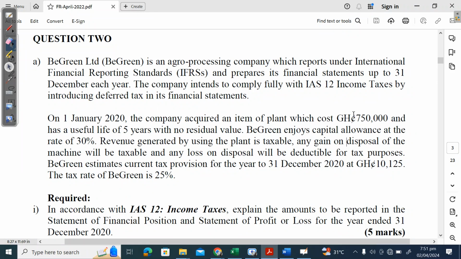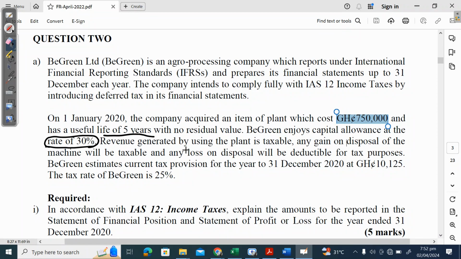They have an asset, and the cost of the asset is 750,000. The asset has a useful life of 5 years, and in terms of capital allowance for tax purposes, the asset enjoys capital allowance of 30%.